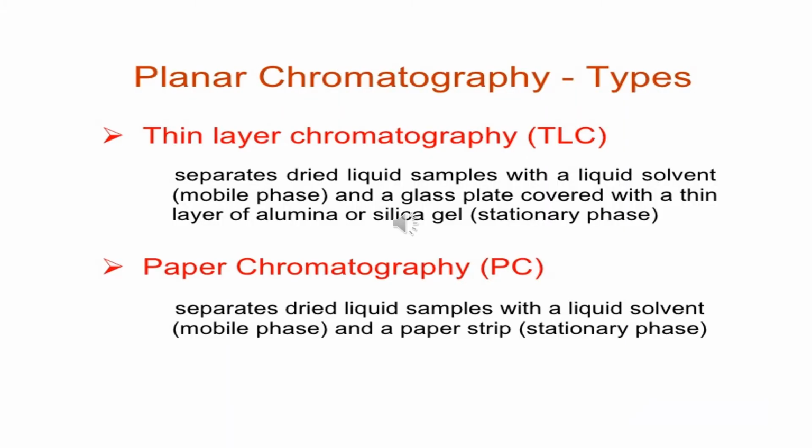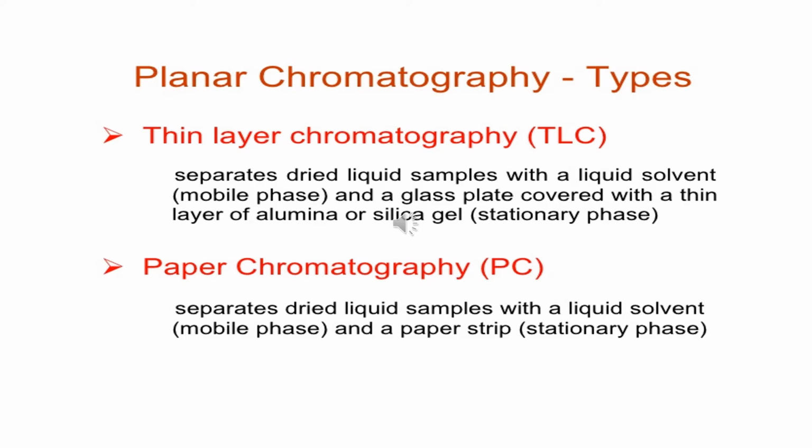Planar chromatography types: thin layer chromatography, also called TLC, and paper chromatography, also called PC. TLC separates a dried liquid sample with a liquid solvent mobile phase and a glass plate covered with a thin layer of alumina or silica gel as the stationary phase.